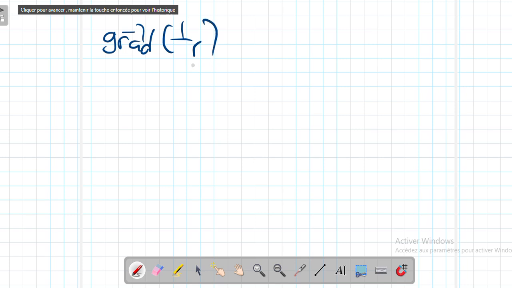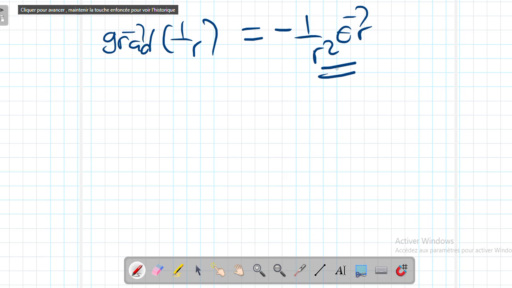We're going to use it. You can also see that we found negative 1 over r squared er. Even in the Cartesian coordinate system, when we converted, we had the same answer.